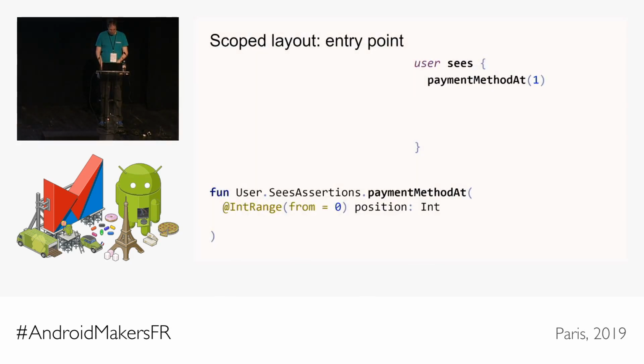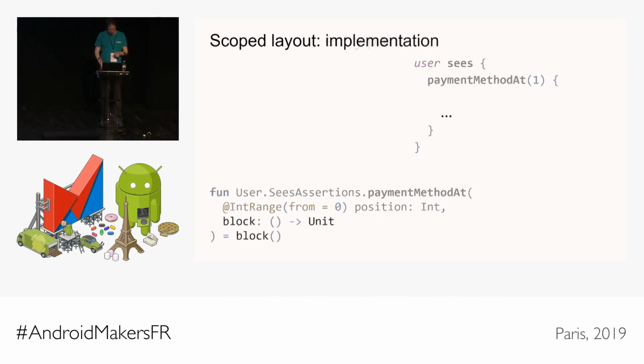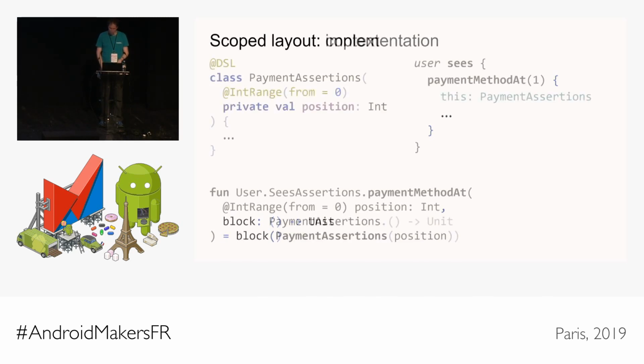So here we start with a simple action that will get the position, and then we add the lambda block, so we can put code inside, and then we add an implicit receiver. And this is where it's different from the other ones, because it's a class now, because it has state, and the state is what position we are working on currently.